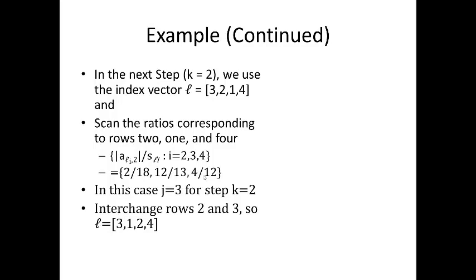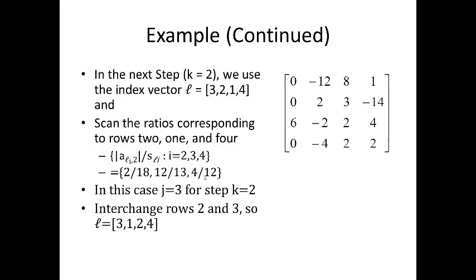Now, we're going to repeat that step, and in step K equals 2, we use the index vector L equal to 3, 2, 1, 4 with this matrix, and we scan the ratios corresponding to rows 2, 1, and 4. We get the ratios as 2/18, 12/13, and 4/12. It's important in this case to recall that our scale vector is 13, 18, 6, and 12, and it does not change throughout the process.